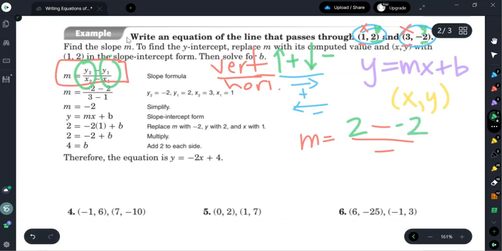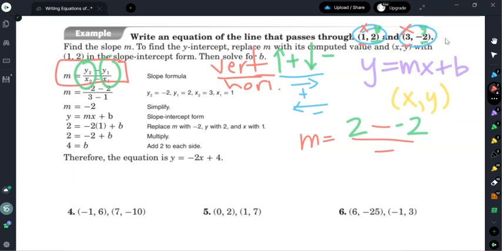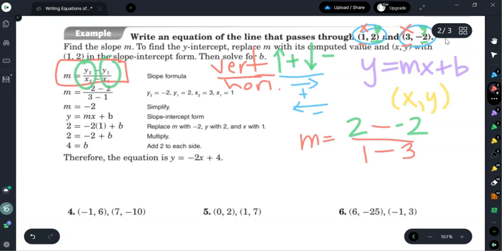Now, do you see why I rewrote the formula? It's because I don't want you to skip that negative. You can't forget that. A lot of people will make that mistake and just put 2, negative 2 and forget that it is a difference. You are subtracting. On the bottom, since I chose 2 as y1, 1 is x1, and 3 is x2.